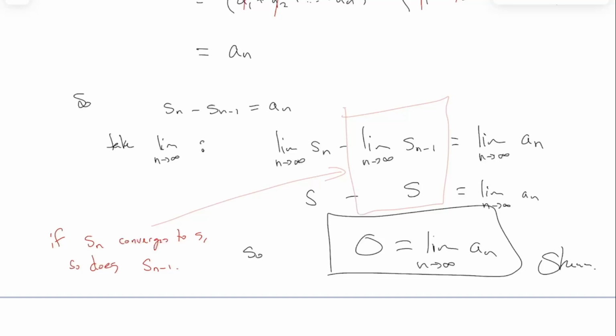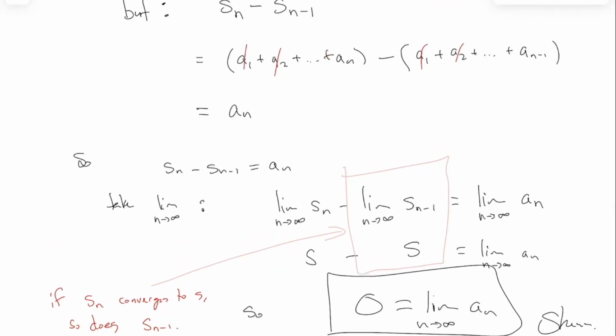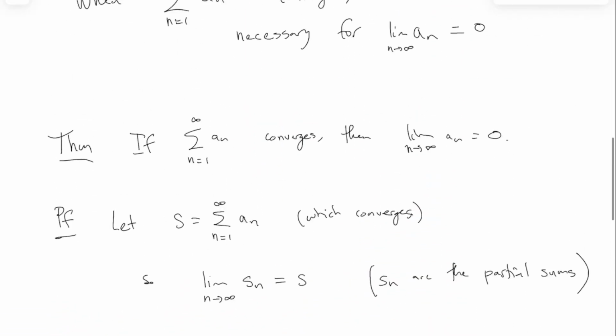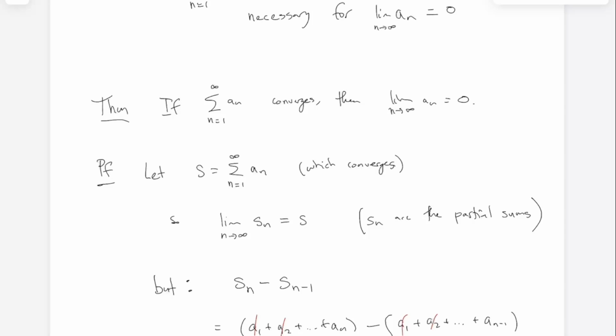Sn converges to S means eventually the terms in this sequence get close to S. Sn-1, those are the same terms. They're just sort of behind by 1. But when you're going out to infinity anyways, it doesn't matter. They still converge to S. That was the important fact that was used right here. Otherwise it's just some sort of cute tricks. The fact being demonstrated was if the series converges, then the individual terms go to 0.